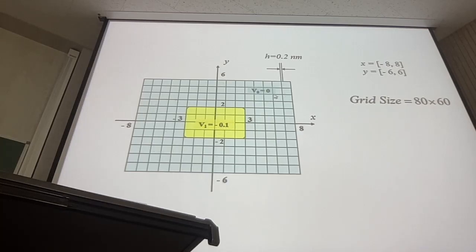Otherwise, it is 0 electron volt. And we take 80 data points along the x-axis and 60 data points along the y-axis. That means 0.2 is the interval between the neighboring data points.